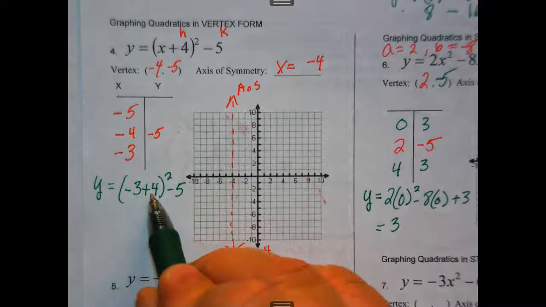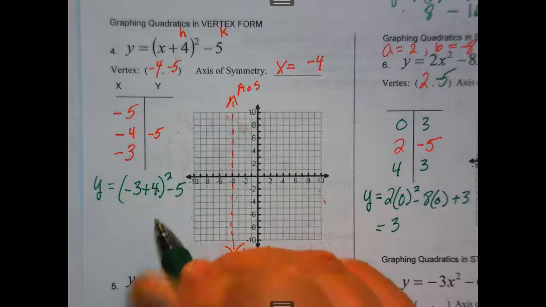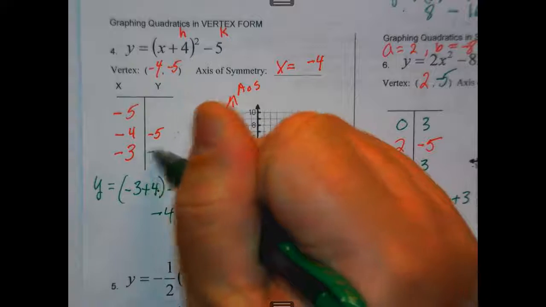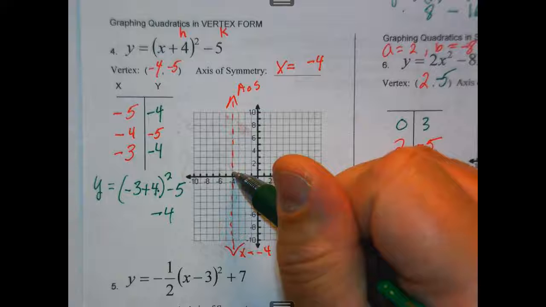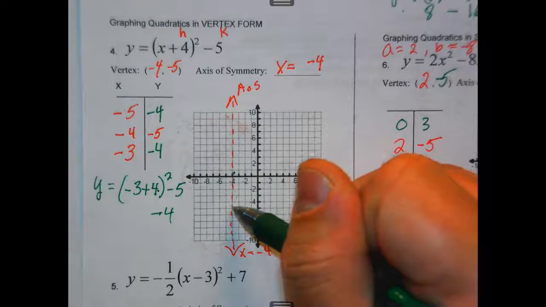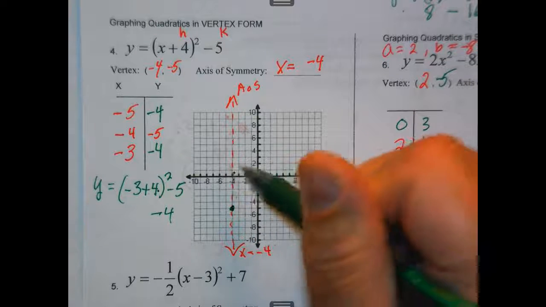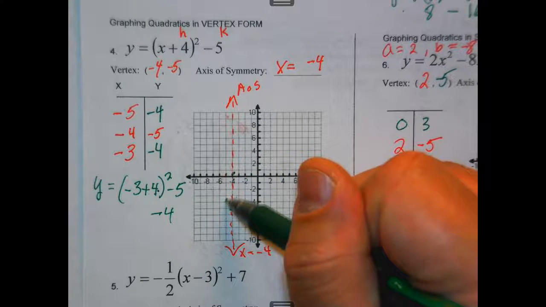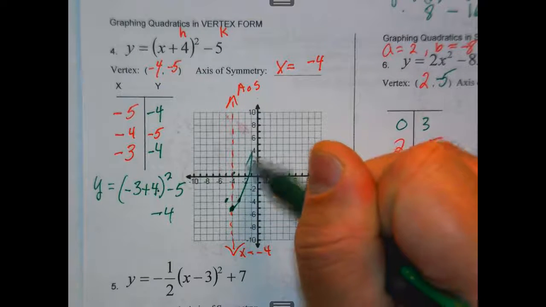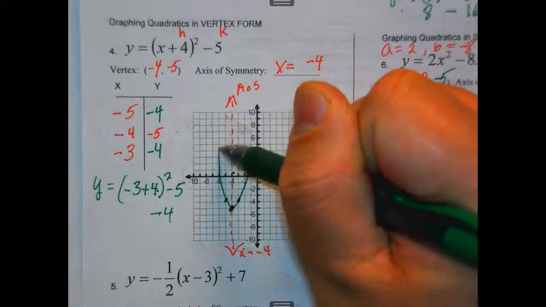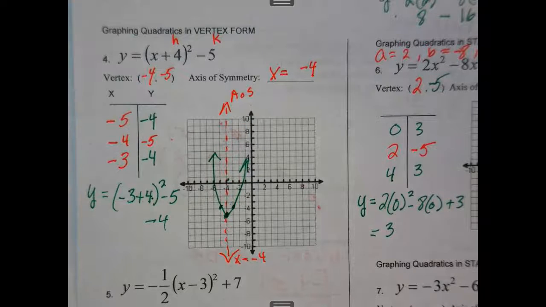See, -3 plus 4 is +1. +1 squared is 1. 1 minus 5 is -4. Okay, -4, -5. -5, -4. -3, -4. There's vertex form.